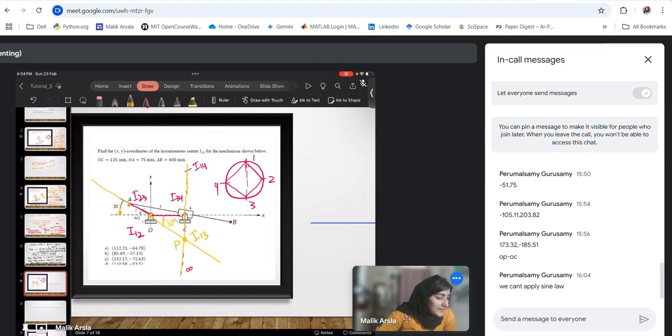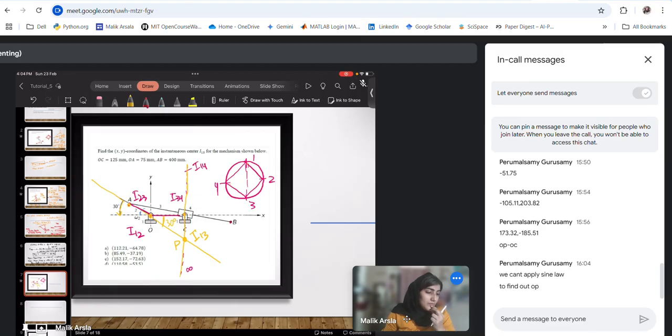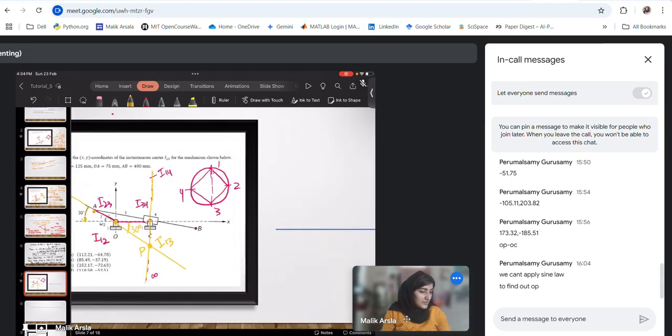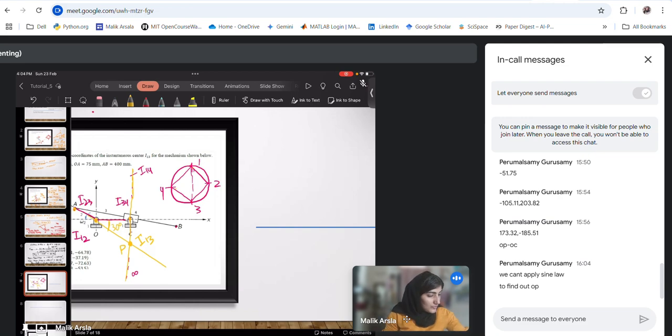You cannot apply the sine law. Where can you not apply the sine law? Basically, let me draw this triangle here for you.